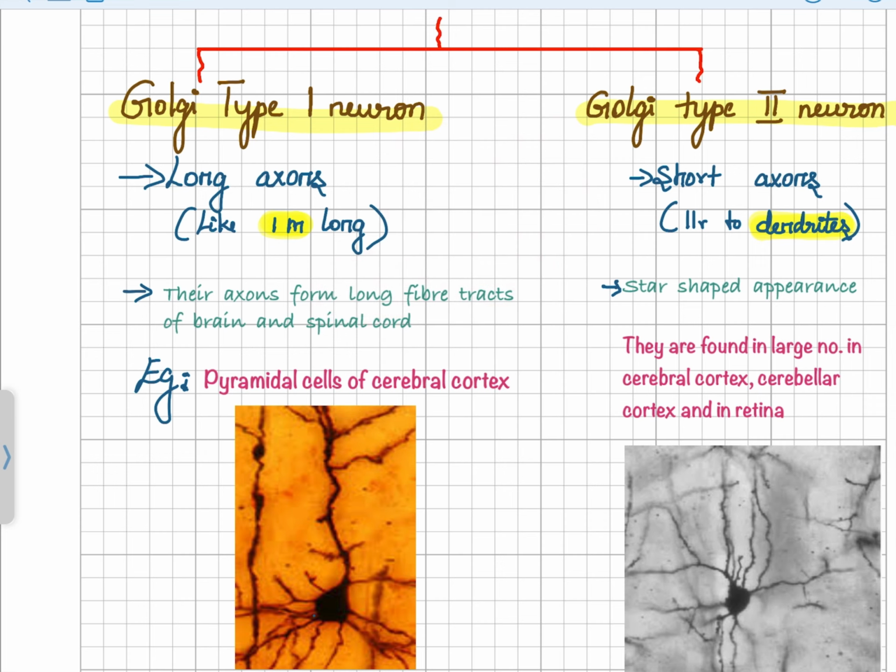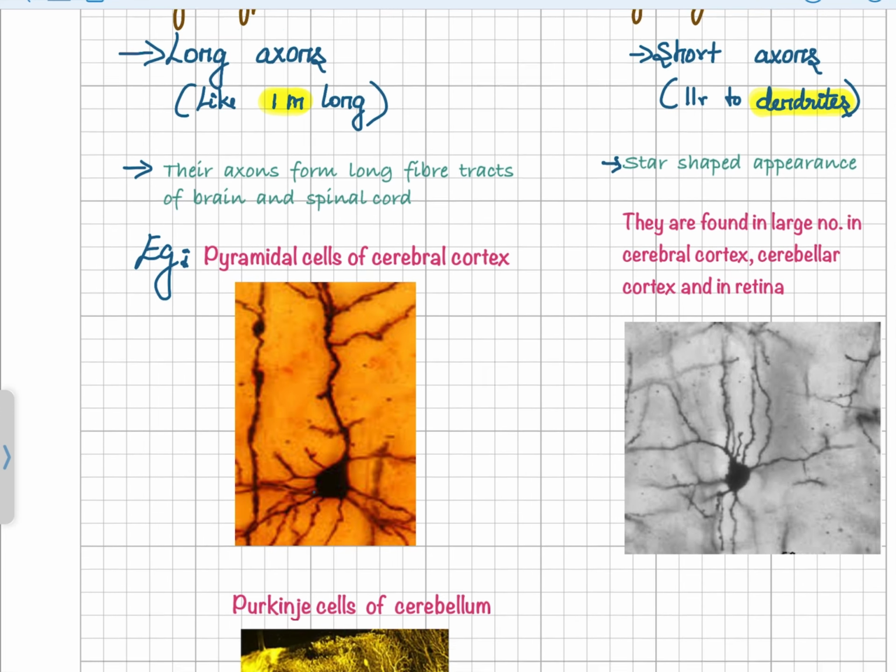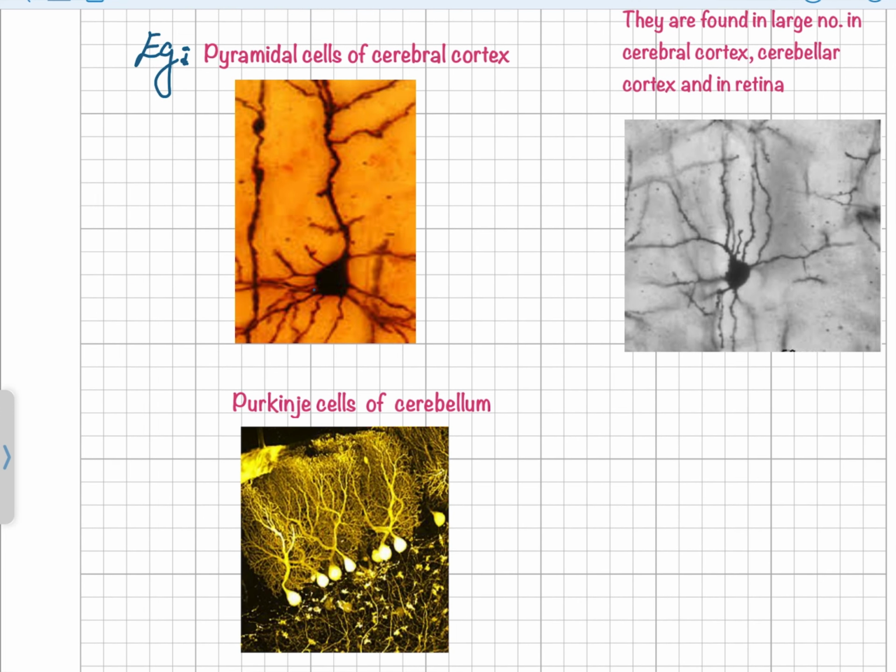Since Golgi type 2 neurons have short axons, mostly, though not in every case, they appear star-shaped. Now let's see the examples. For Golgi type 1, the important examples are pyramidal cells of the cerebral cortex and Purkinje cells of the cerebellum. You can appreciate the axon here, and here also.